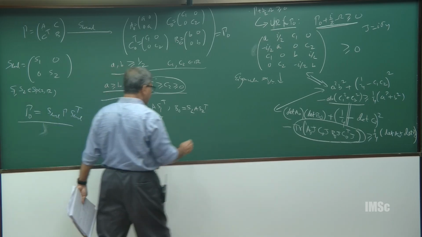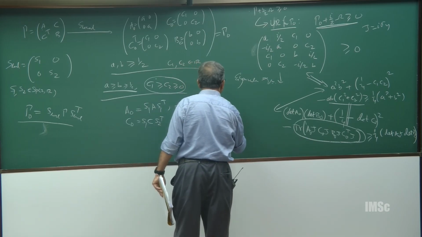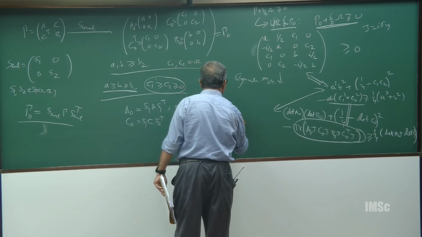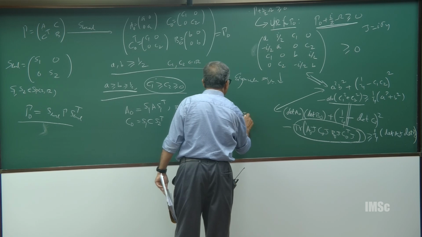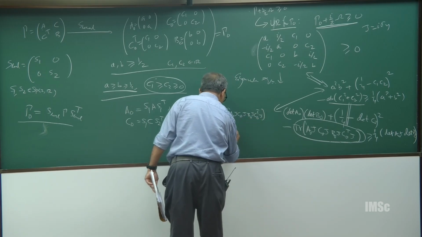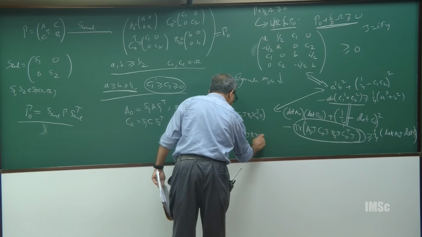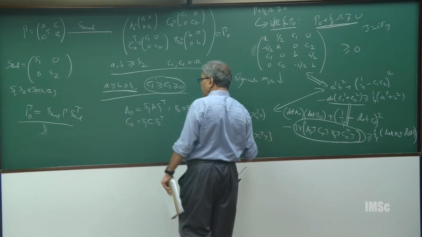And then all of this will imply that trace of A 0 j C 0 j B 0 j C 0 transpose j is equal to trace of A j C j B j C transpose j.